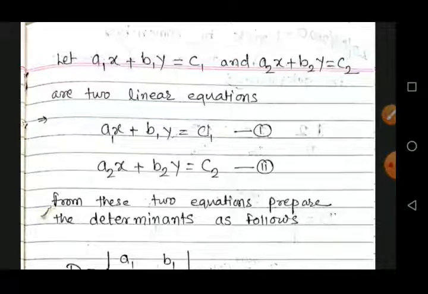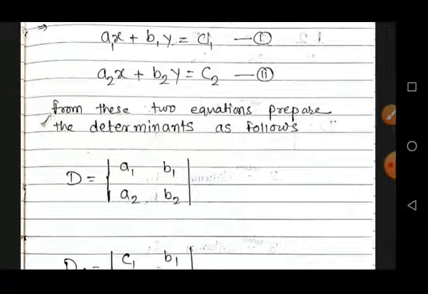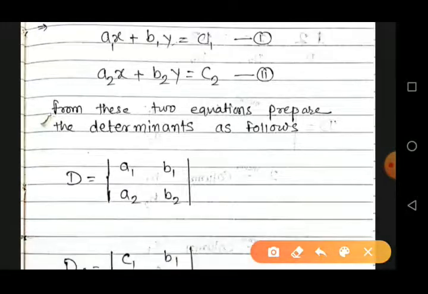From these two equations, we have to prepare the determinants as follows. While preparing the determinants, order is very important here. Now, first determinant D is equal to, in between two vertical lines, a1 and a2, the coefficients of x from both equations.